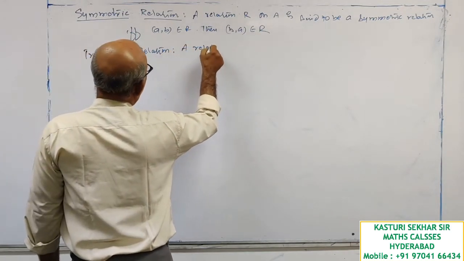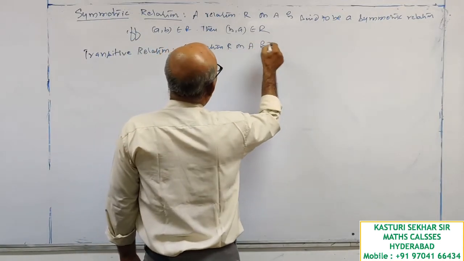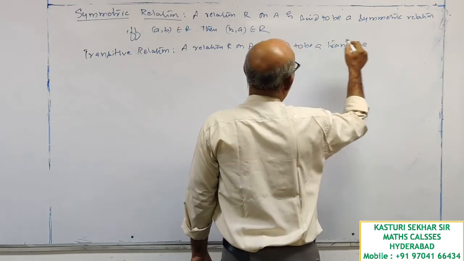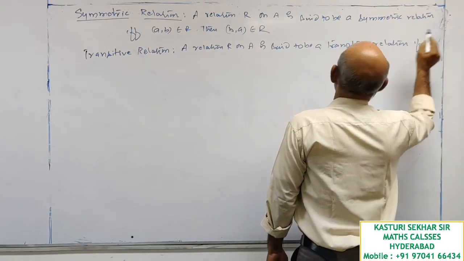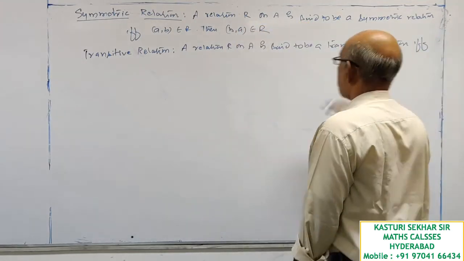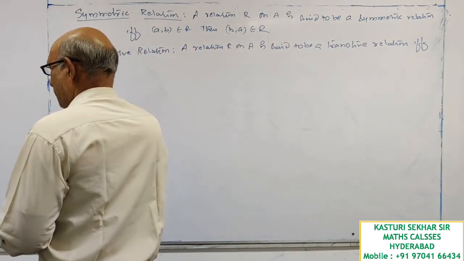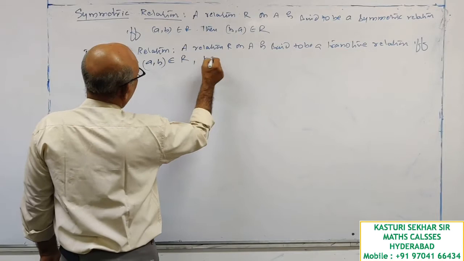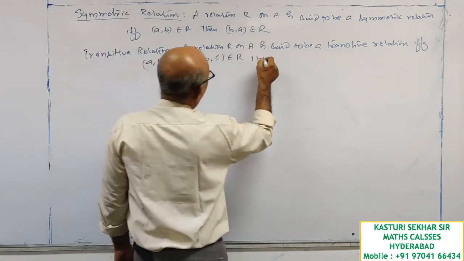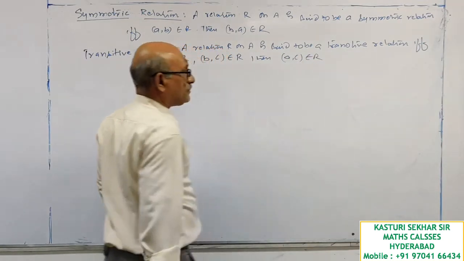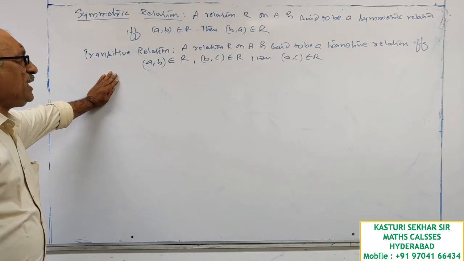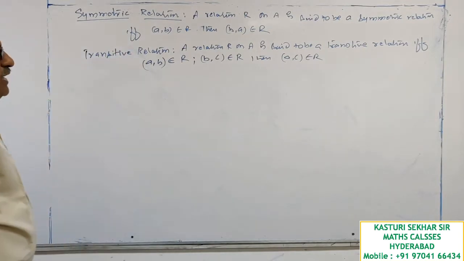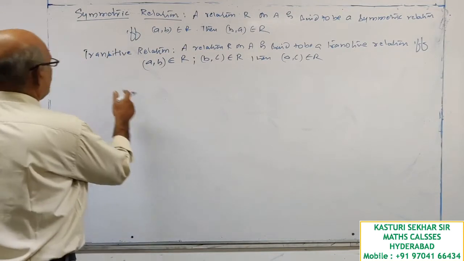A relation R on A is said to be a transitive relation if and only if (A, B) belongs to R, (B, C) belongs to R, then (A, C) belongs to R. So we have identity relation, reflexive, symmetric, transitive.